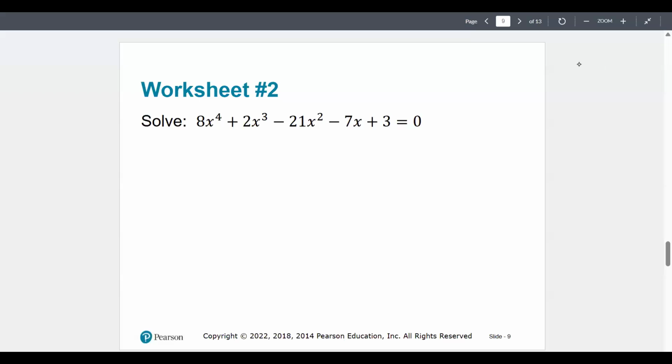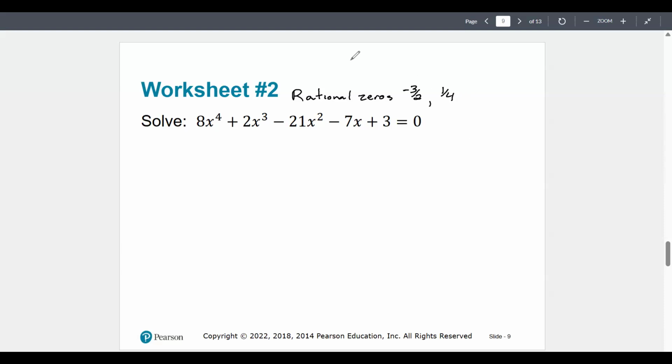Okay, so I'm going to ask you to try a few new things here. So in this case, we already looked for our rational zeros. So our rational zeros were, put these down again, negative 3/2 and a positive 1/4.